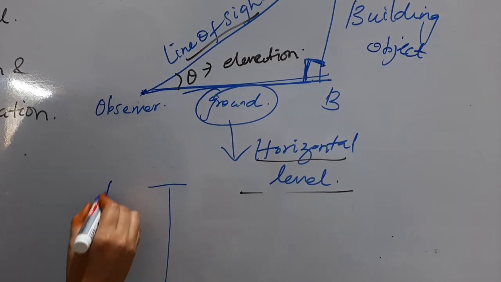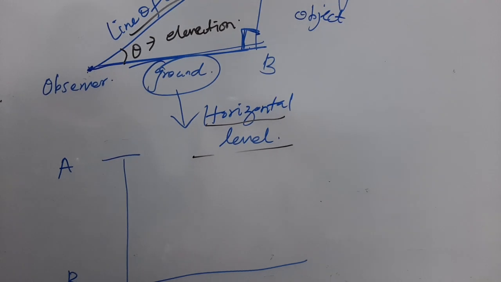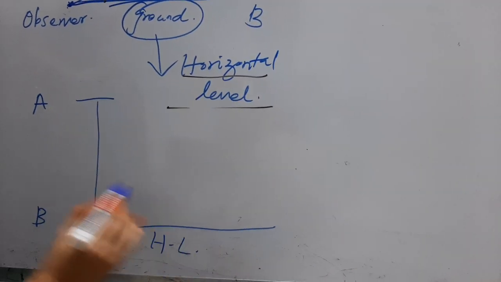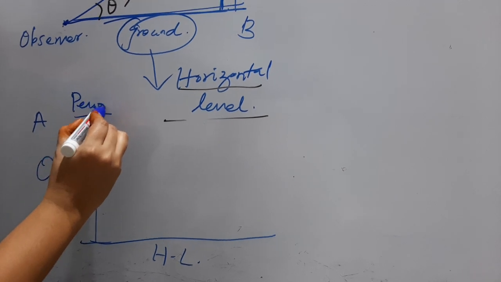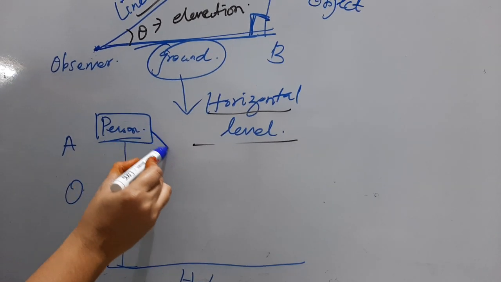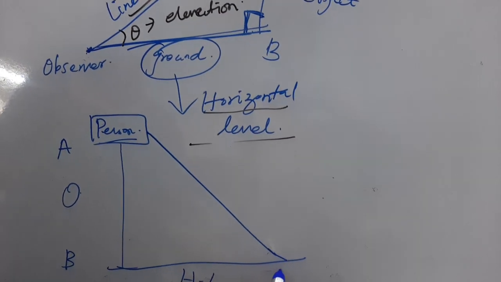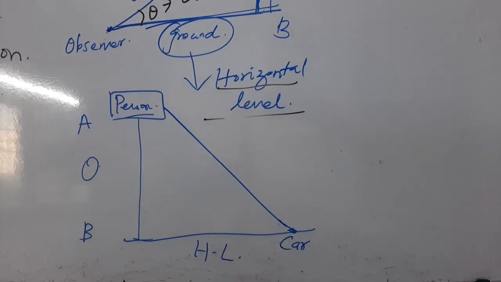For example, this is again a building AB, and this is the ground level, which is your horizontal level, and this is your object. A person is standing on the building, and from there the person is seeing a car moving on the road.